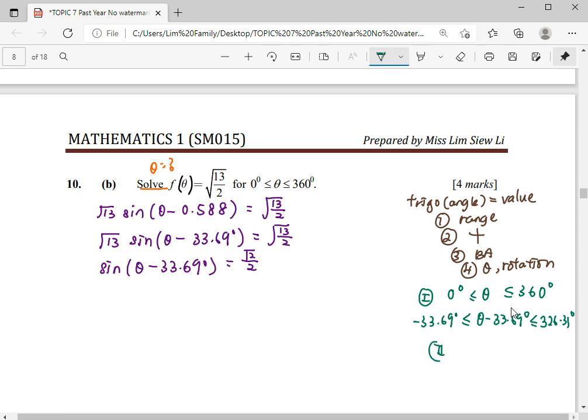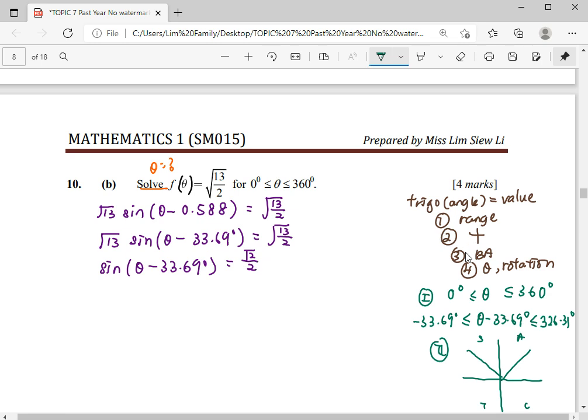Second step, we will refer to our quotient. For our quotient here, we have sine value positive. So all sine teacher crazy. When sine value is positive, our solution will be located at quadrant 1 and quadrant 2, because this is all trigo positive, this is sine positive. So we identify the location by using the value here.